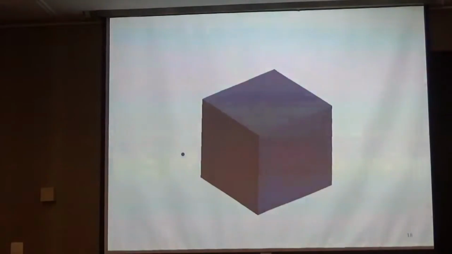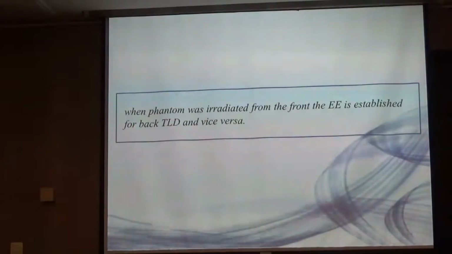When the energy increases, the range of the electron also increases. Therefore, it deposits some of its energy outside the cell. When the phantom is irradiated from the front, the electron equilibrium is established for the back TLD and vice versa in this method.